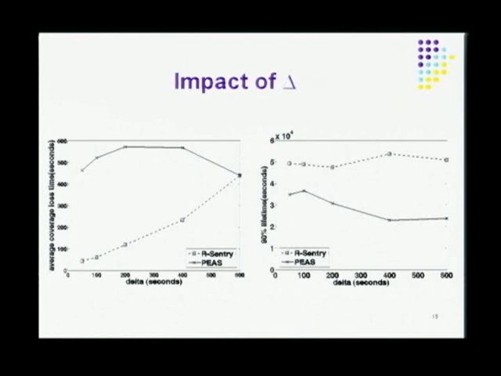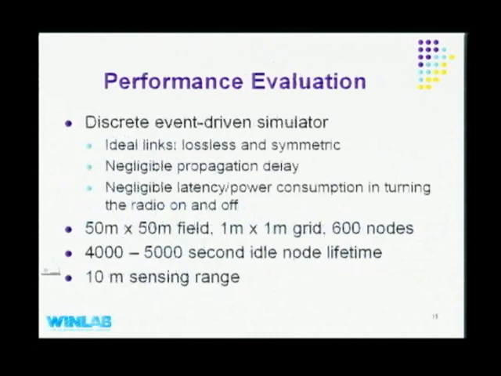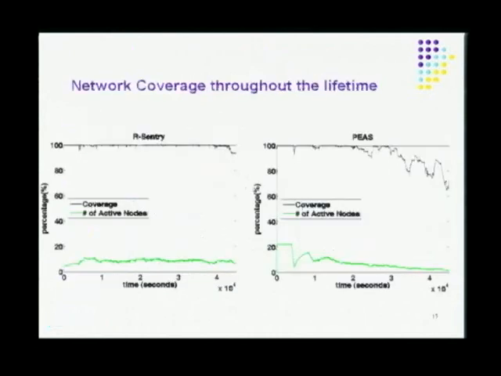So what is the failure period and failure percentage in these plots? The failure percentage is 5%, and the period is the average lifetime of an idle node.